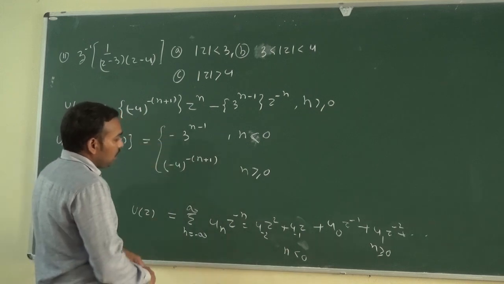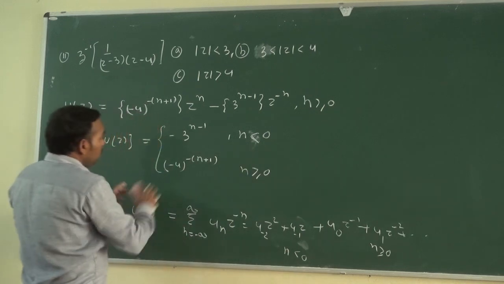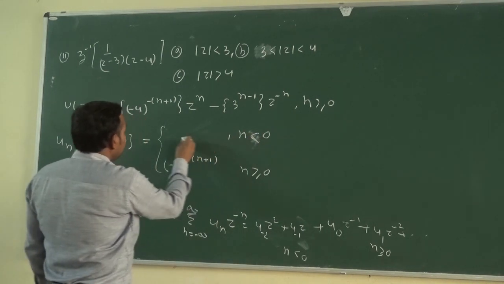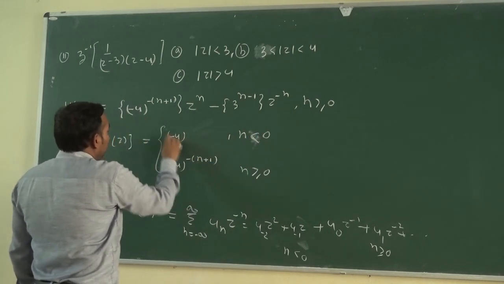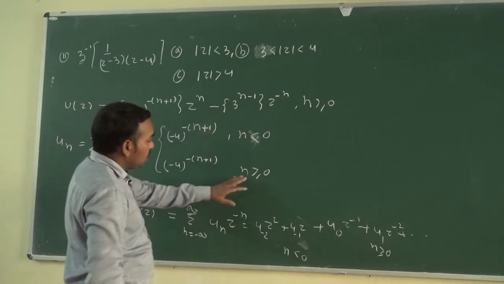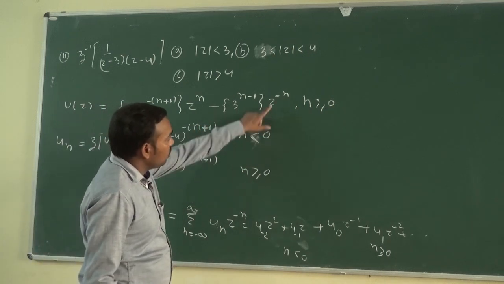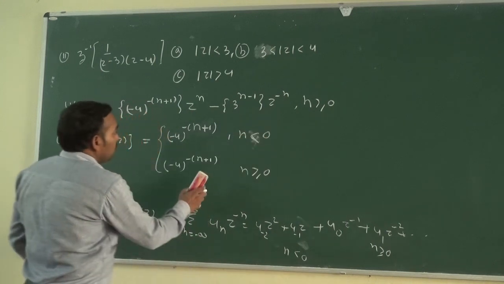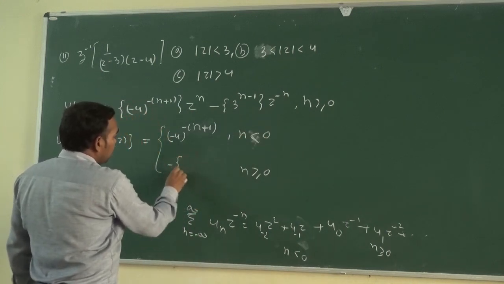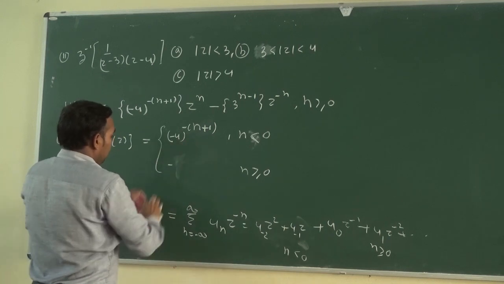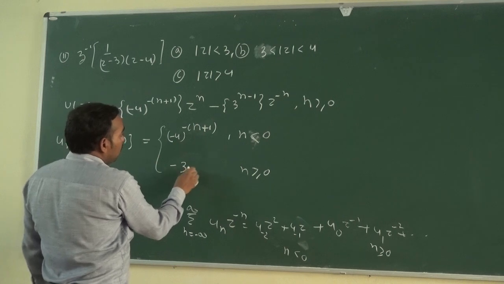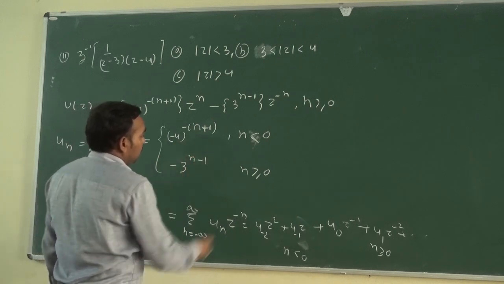So this is for n less than 0, minus 4 to the power minus n plus 1, and for n greater than 0 we get the negative term, minus 3 to the power n minus 1.